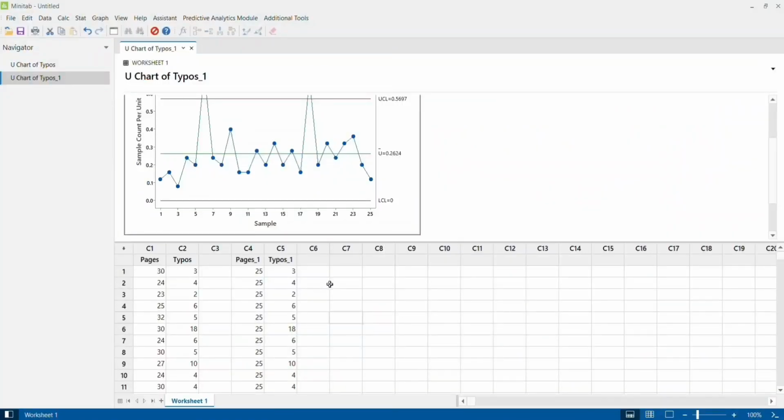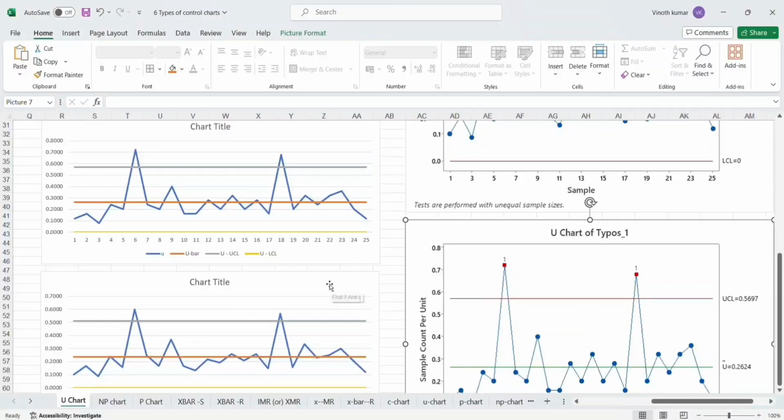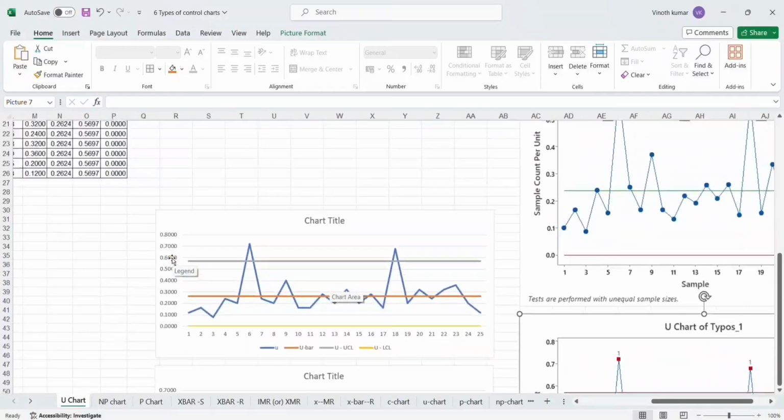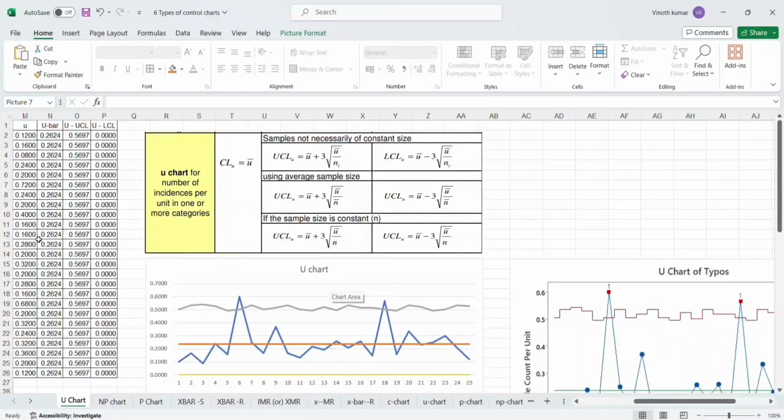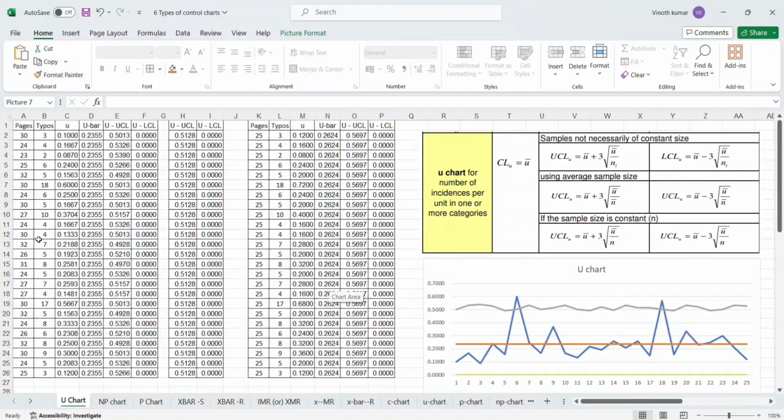So friends, let me quickly summarize it for you. A U chart is an attribute control chart drawn on scenarios where we are dealing with Poisson distribution. And by Poisson distribution, what do we mean? We are counting the number of defects. In each unit, I will have multiple opportunities to do a good job or a bad job. That's why we call it opportunity. The example I gave is e-publishing, but you can think about any other example from your process.